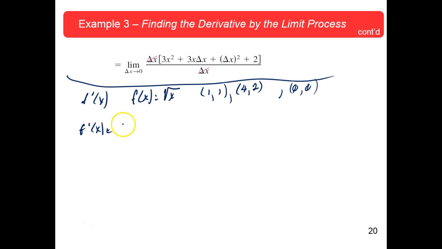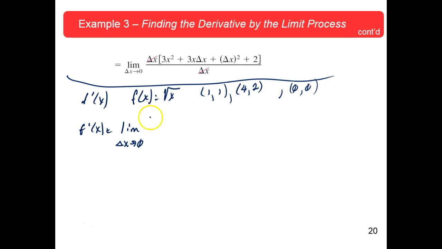The good fun one. The limit as delta x approaches 0 of... Wouldn't that just be the square root of x plus delta x? Okay, so you want to just plug it in?